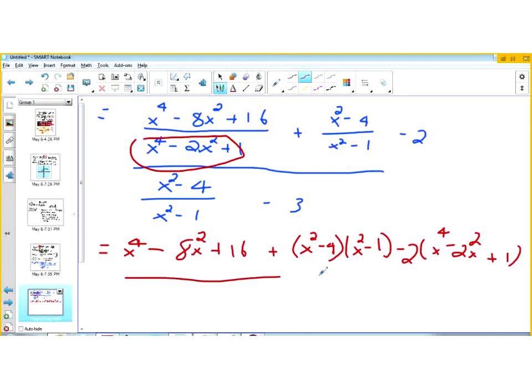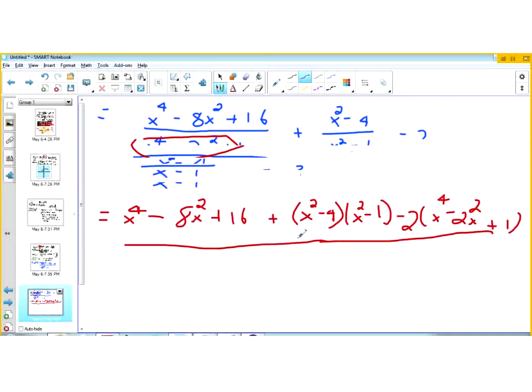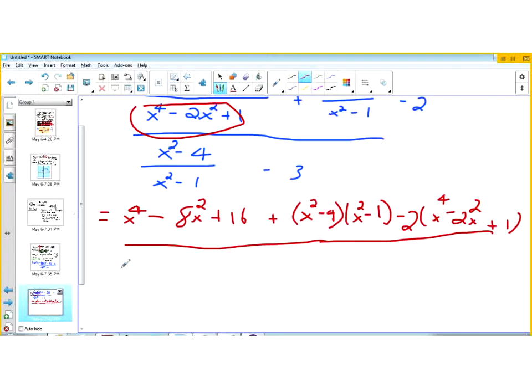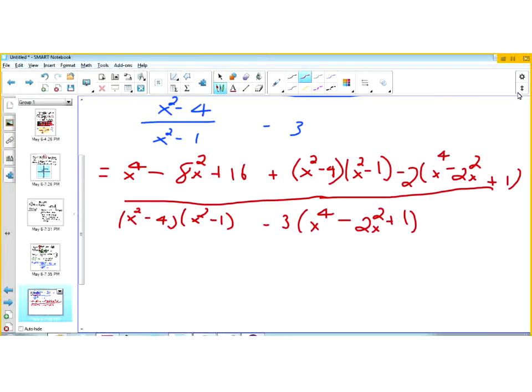And of course, all of this is divided by what? That would be (x squared minus 4) times (x squared minus 1), minus 3 times (x to the fourth minus 2x squared plus 1). All right, so we still have a little bit of ways to go to simplify this function.